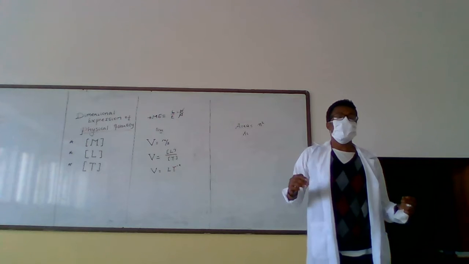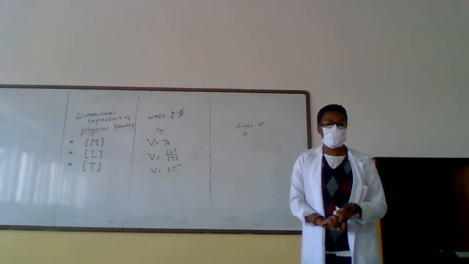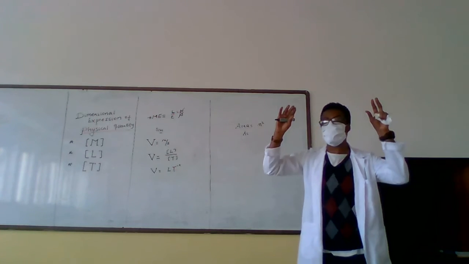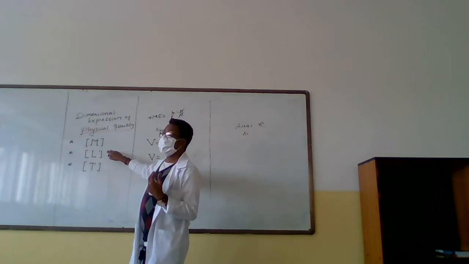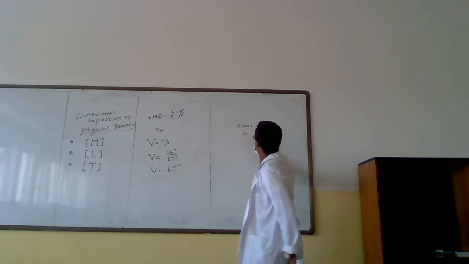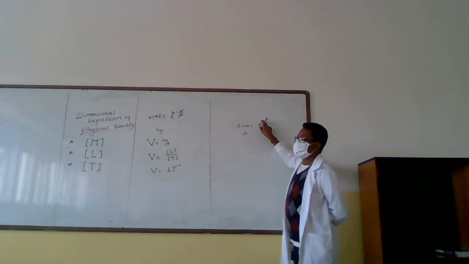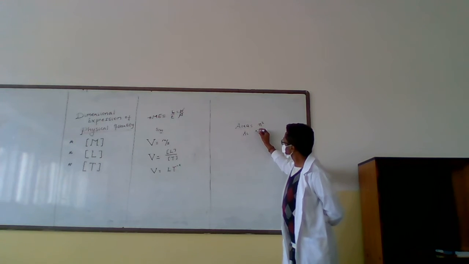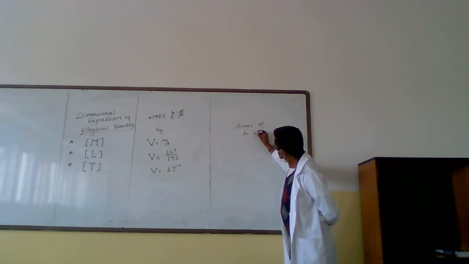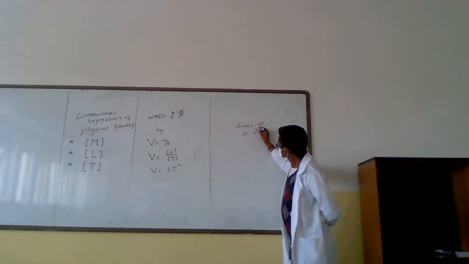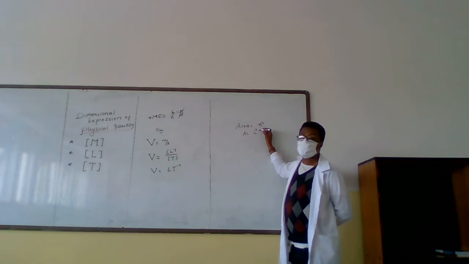All units of area, centimeter squared, meter squared, millimeter squared, are all under one dimension. So for area, because we have meter squared, we can use L to the power of 2, because we have two length units.